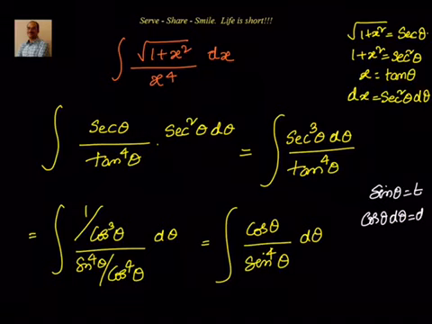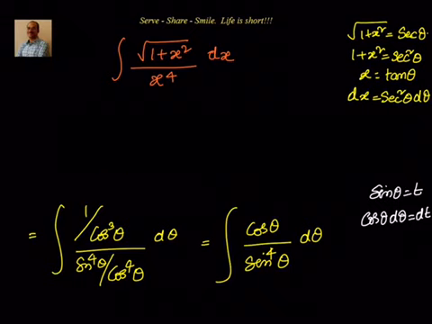So can I write down cos theta d theta equal to dt? Now once we substitute that, we will have integral of dt divided by sine to the power of 4 theta, which is t power 4. dt by t power 4 is equal to t power minus 4 dt.